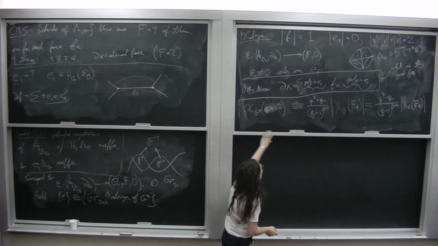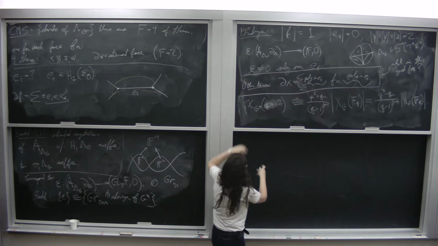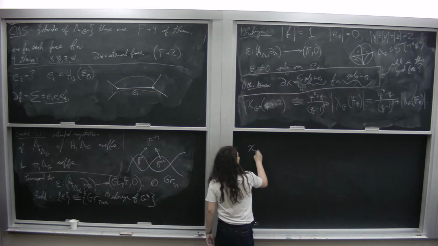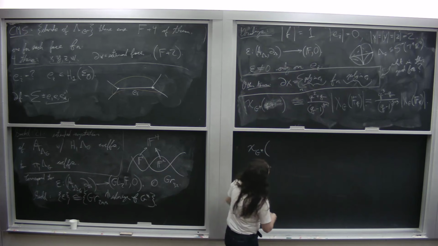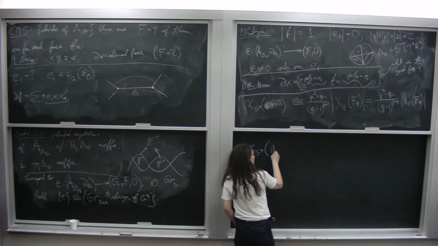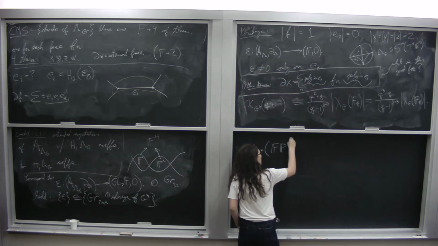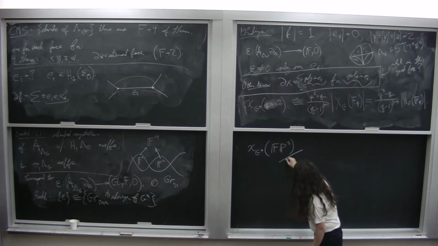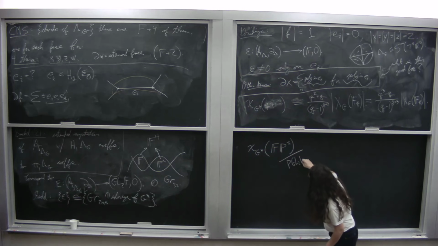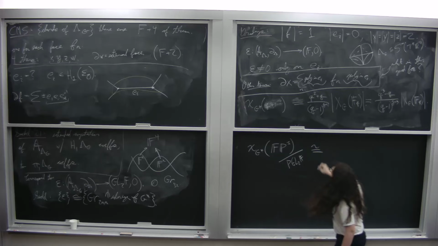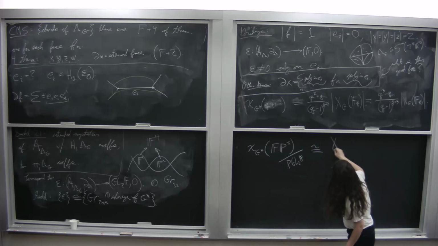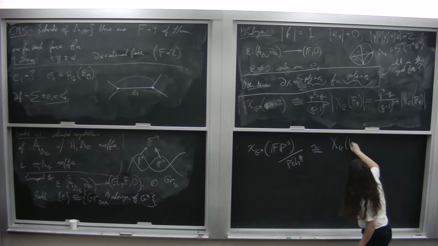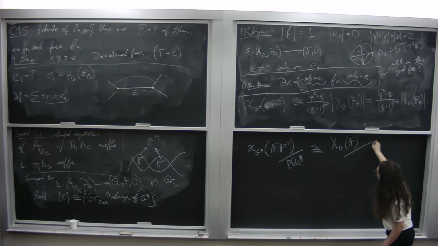This result can be generalized: if I'm doing chi G star, where colors are taken from FP1, and then I mod out by PGL2F, this will be isomorphic to XGF modulo F star to the G plus 3.